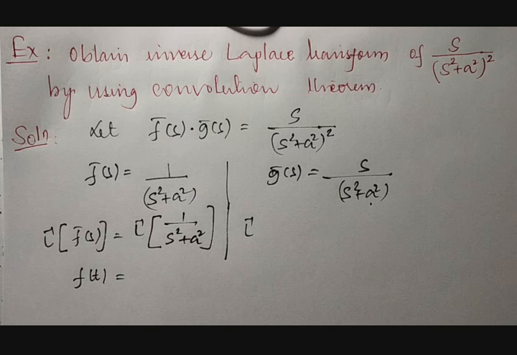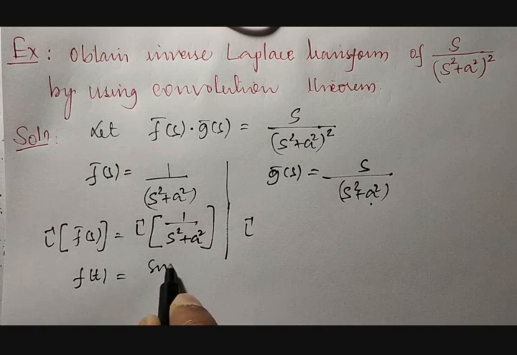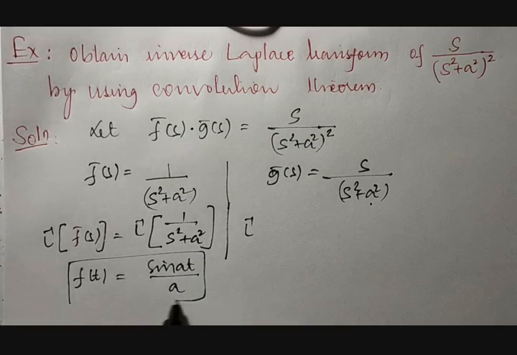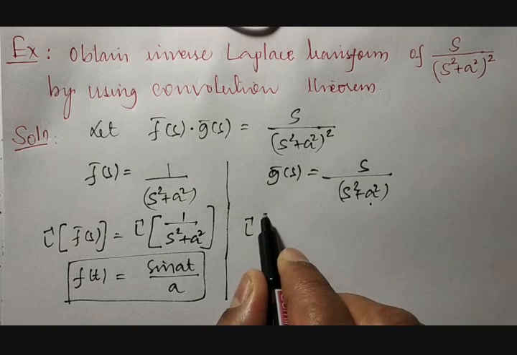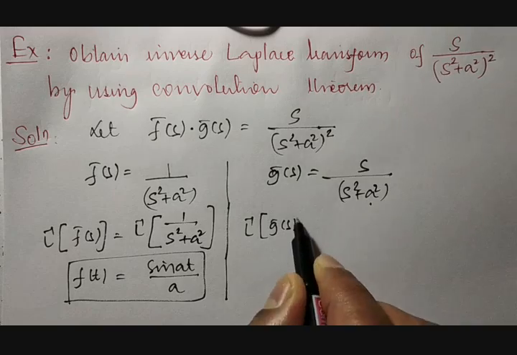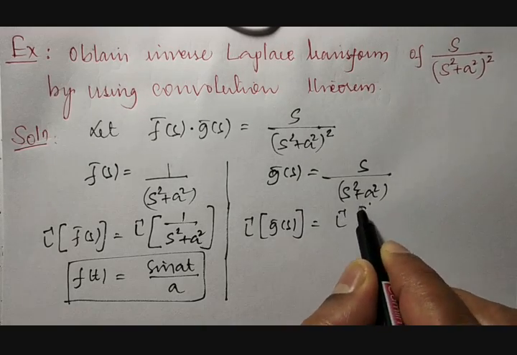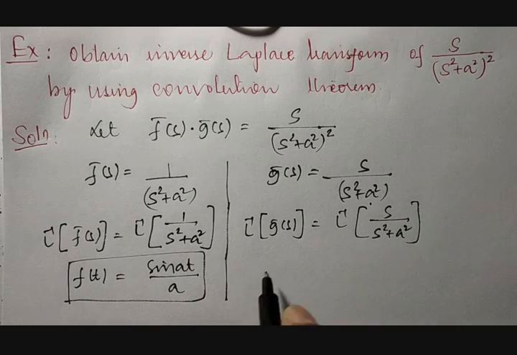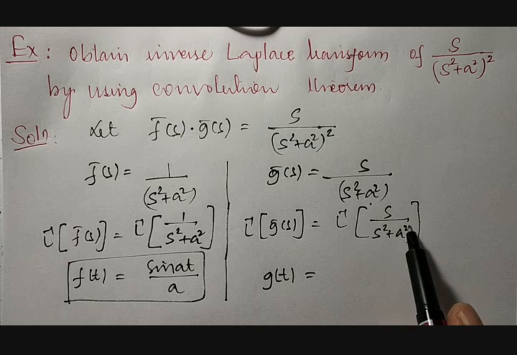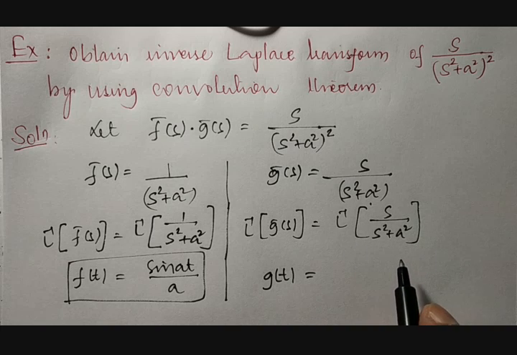That is nothing but sine at divided by a. Then here, Laplace inverse of g bar of s is equal to Laplace inverse of s divided by s square plus a square. Therefore, this can be taken as g of t. What is g of t? Laplace inverse of s divided by s square plus a square is nothing but cos at.